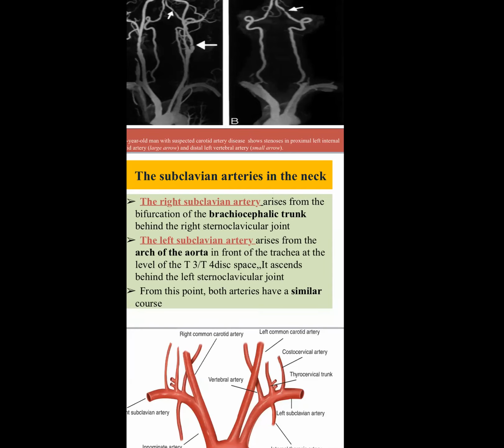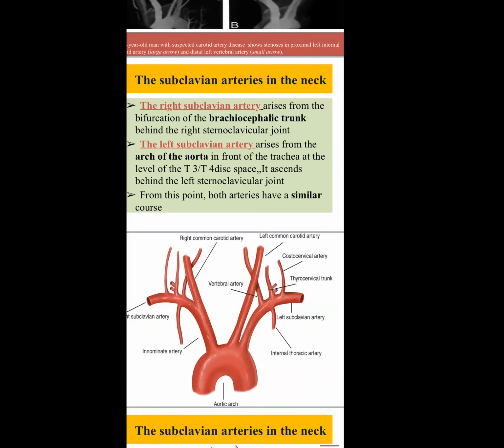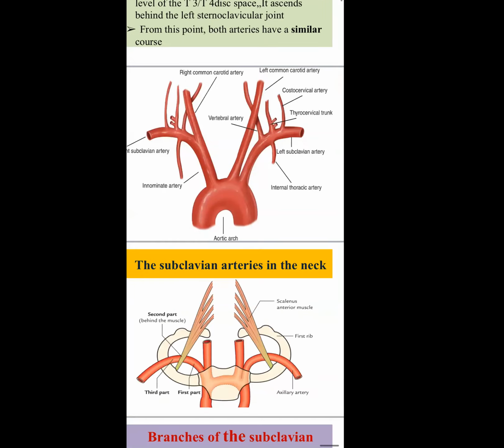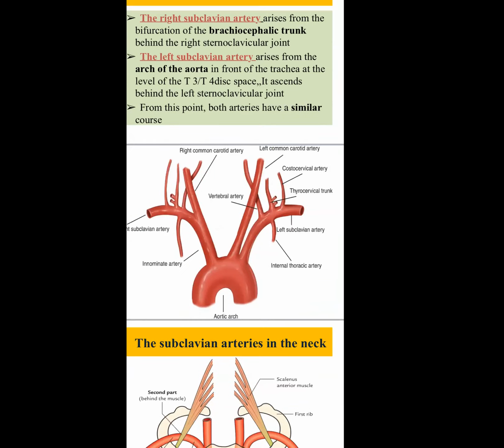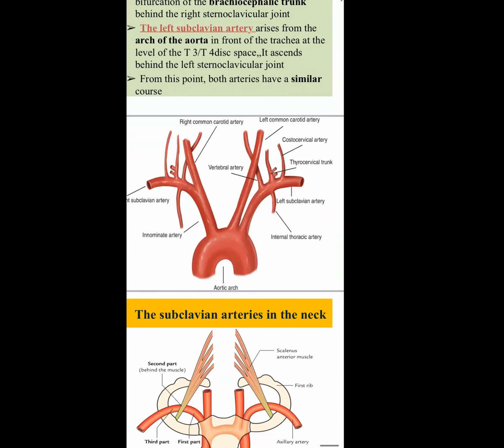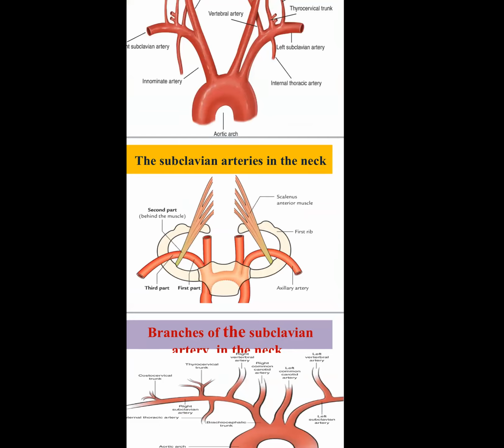هذه الصورة توضح الأوريجين of the subclavian artery, the right direct from the brachiocephalic and the left directly from the aortic arch. The scalenus anterior muscle will divide subclavian artery into three parts: first, second, and third. The first part, the second part is behind the scalenus anterior muscle.